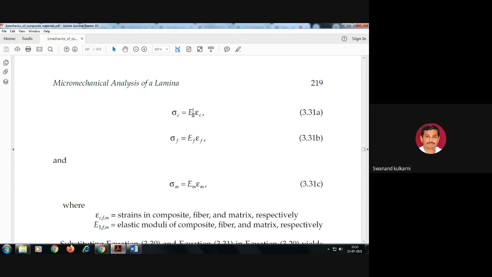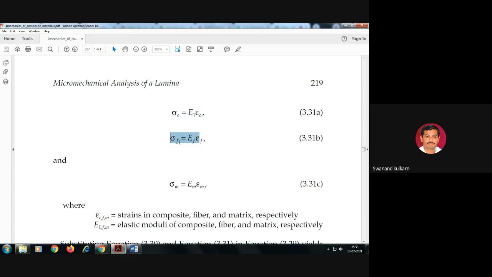Now E1. See here the concept of linear and lateral will start, because in the case of this unidirectional lamina, Young's modulus in the linear direction is always different from that in the lateral direction. Is it okay? So stress acting on composite material is equal to Young's modulus into strain acting on composite material.